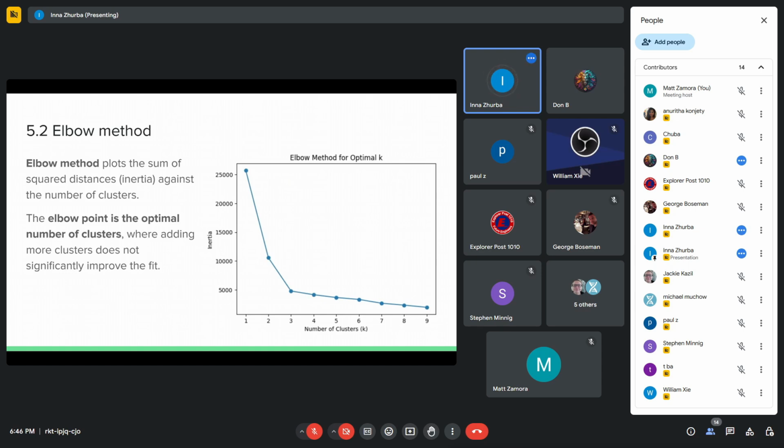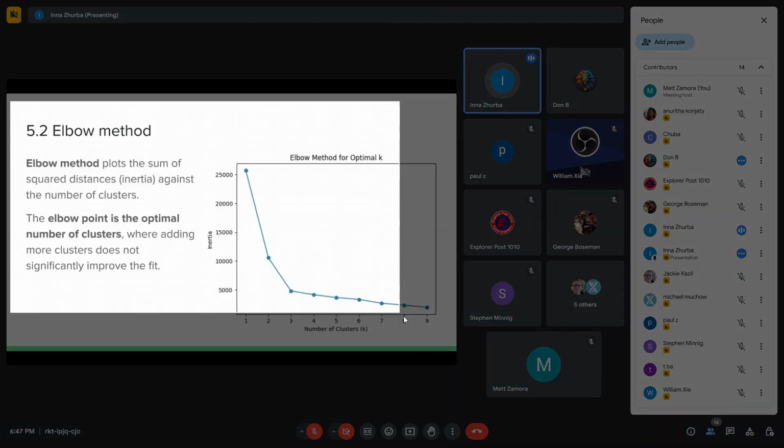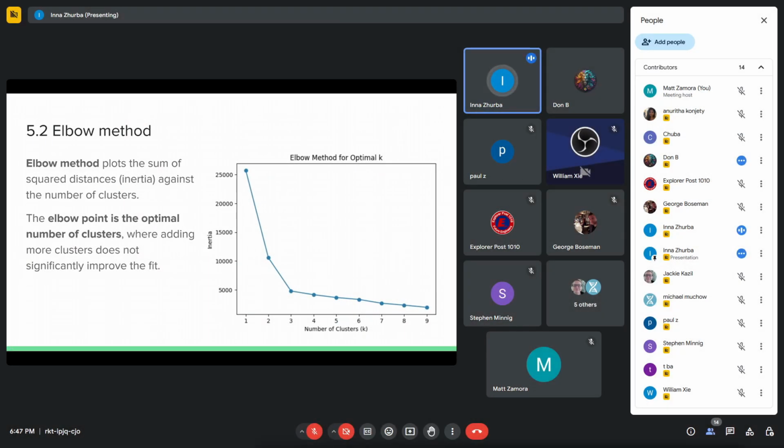It's called elbow because on the graph we're looking for this elbow point where the data stops changing rapidly. This method helps determine the optimal number of clusters by assessing how well the clusters fit the data.